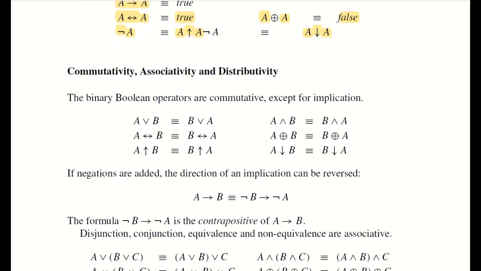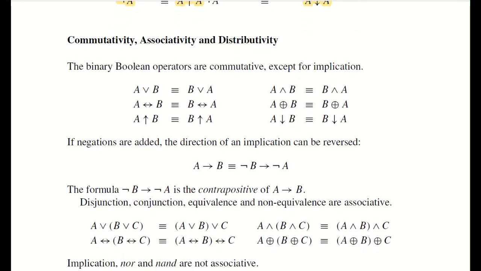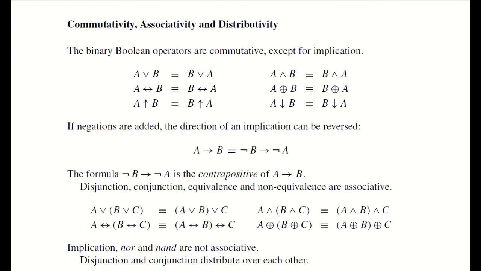In Boolean algebra, we also have laws of commutativity, associativity, and distributivity. But not all operators fulfill these requirements. Those that do can be used in the manner you see.